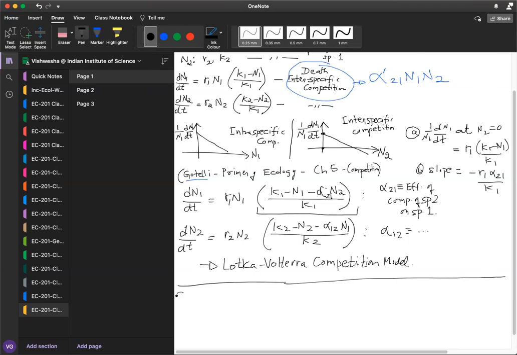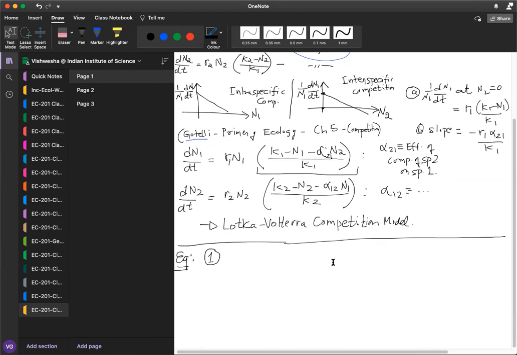So what are the equilibrium values for the Lotka-Volterra competition model? Let's look at the most obvious equilibrium. What we basically discovered was both of these must be simultaneously 0. So what is the most obvious equilibrium possible now? One possible equilibrium is that both n1 and n2 are not present in the system.